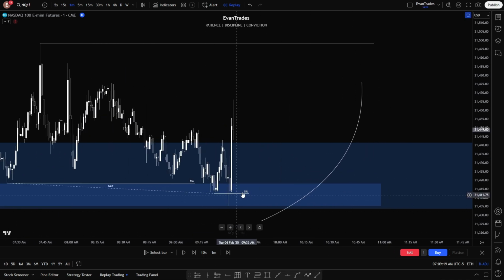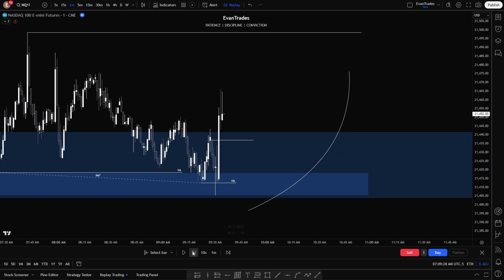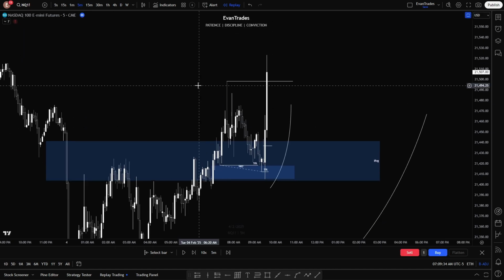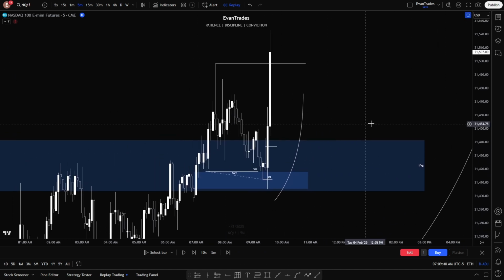Price just absolutely shoots up crazy. Okay, we have this order block right here. All right, so we do not get an entry right there, but price did go to our target like we intended.